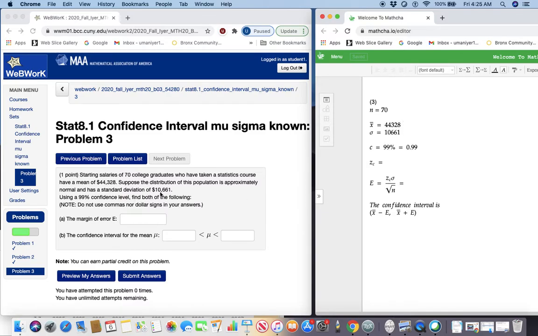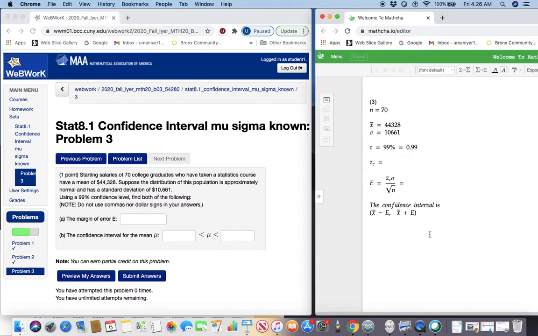The distribution of this population is approximately normal, and we are told the standard deviation is for the population, so that's sigma, 10661. Use a 99% confidence level, that is c is 99%. Do not use commas nor dollar signs in your answer. You want to find the margin of error, the maximal margin of error given here.